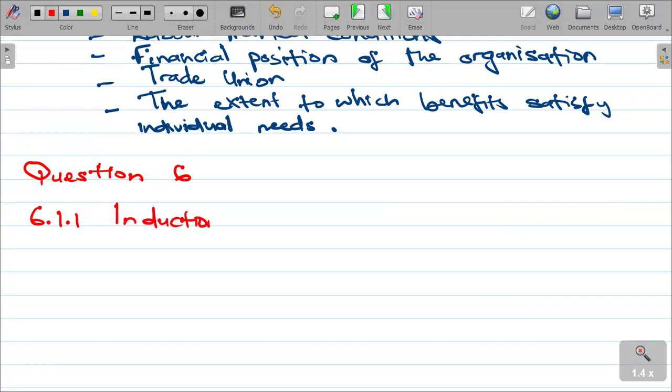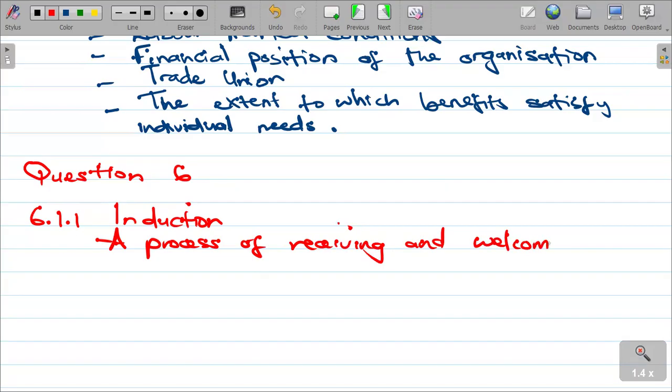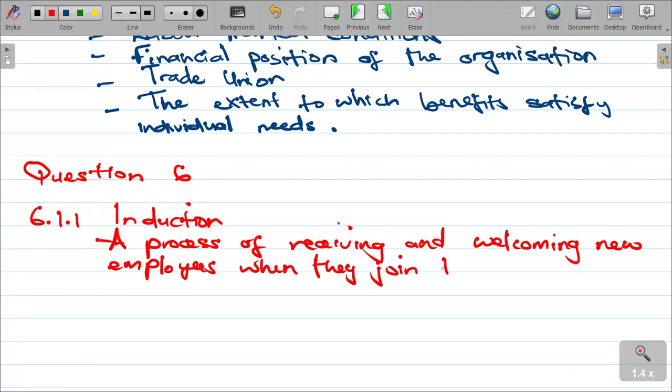So induction is the process of welcoming and receiving new employees when they first join the organization.